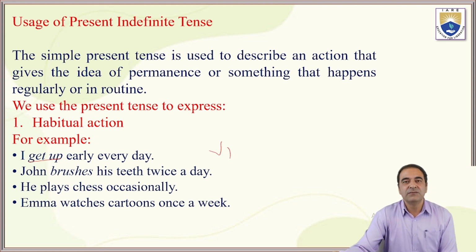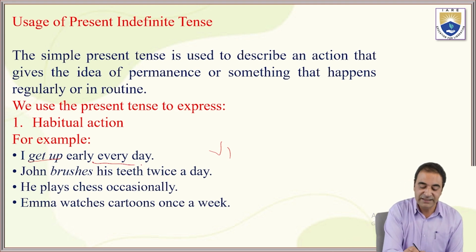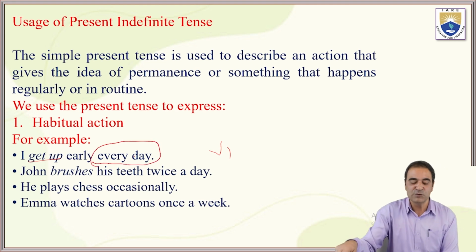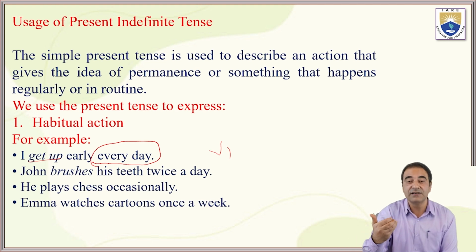And you need to look at different indicators so that you can identify whether the sentence is in present or is it in past. For example, if you look at the sentence, here we have the word every day. This every day, it suggests what? It suggests habitual action, something which I do repeatedly.